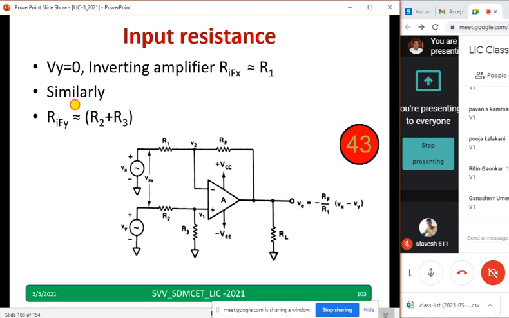And similarly for Rify, from this point, if I see the resistance, input resistance up to ground, I have R2 plus R3. Got it? So in this case R1, why only R1, sir? This is a ground. From this point to virtual ground is nothing but R1. From this point to ground is nothing but R2 plus R3. Note down these two lines.